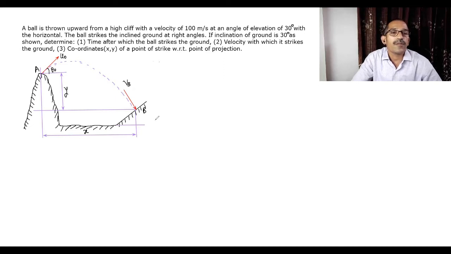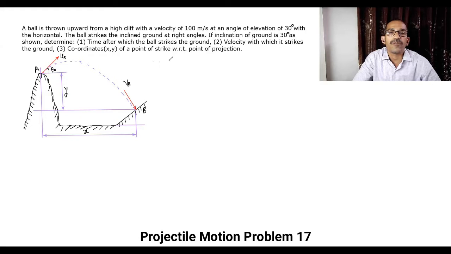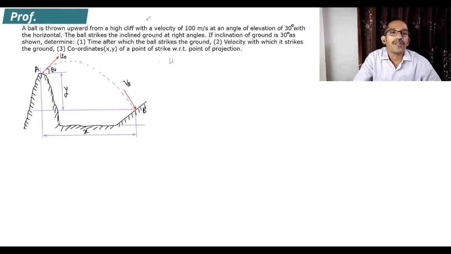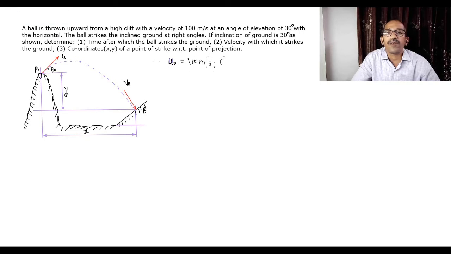Now in this problem, this figure is given, and the wording is important. A ball is thrown upwards from a high cliff with a velocity of 100 meter per second. That means u0 is given, u0 is equal to 100 meters per second, at an angle of elevation of 30 degrees with the horizontal.